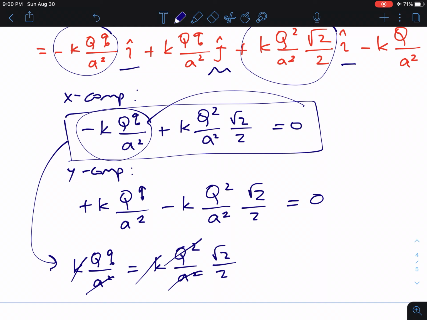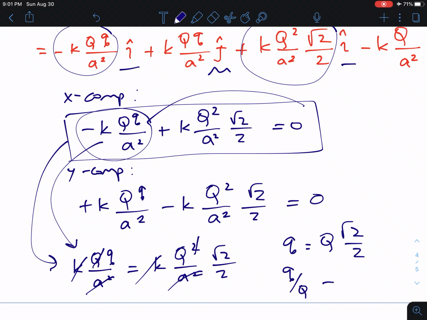There's a little q here, that's the first term right here, right? So let me fix this part too. One of the Q squares is going to go with the capital Q here. And then what we are having is little q equals Q root 2 over 2, or q over Q is root 2 over 2. But we need to check one more thing.